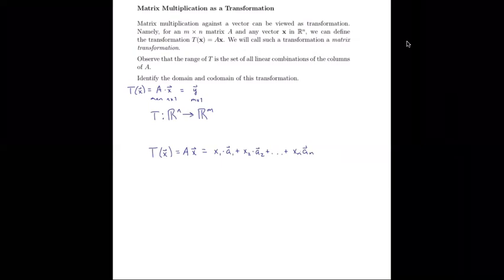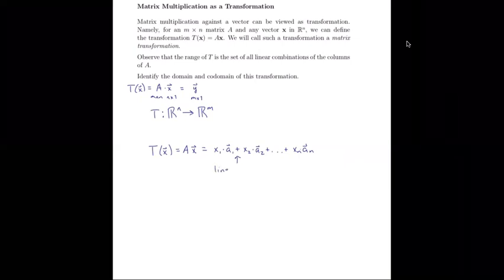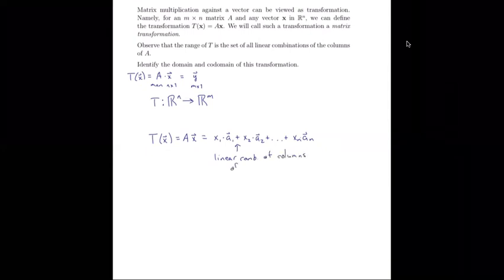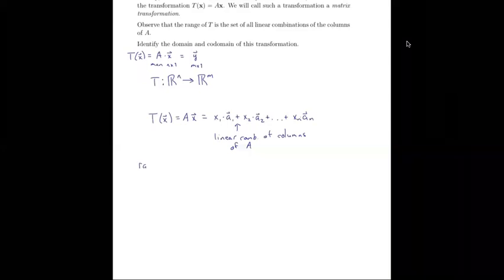And when we look at that, we realize that this is in fact a linear combination of the columns of A.